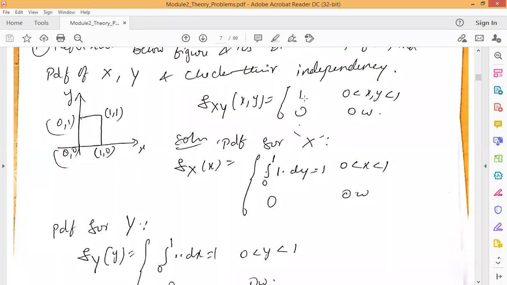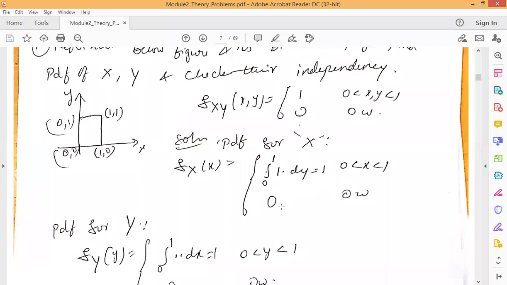Since this PDF takes the value 1 for x and y lying between 0 to 1, the integral limits change from minus infinity to plus infinity into 0 to 1. Integrating 1 with respect to y gives 1 itself, for x lying between 0 to 1, and for other values of x it takes the value 0.